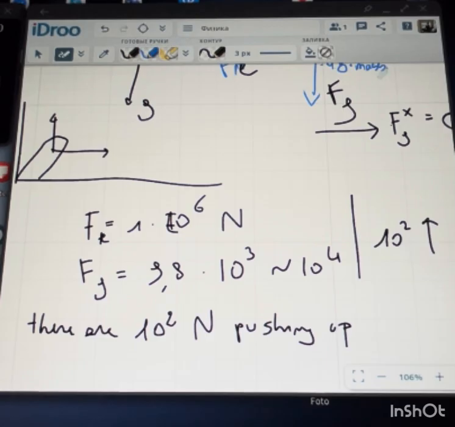We now know the net force, and that's 100 newtons.